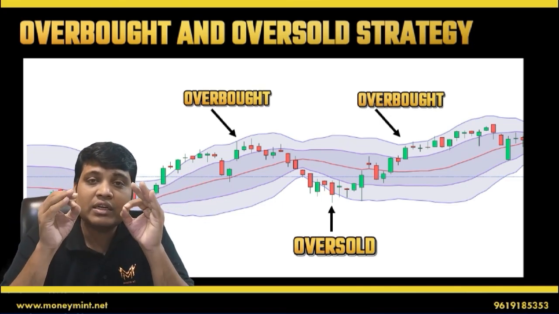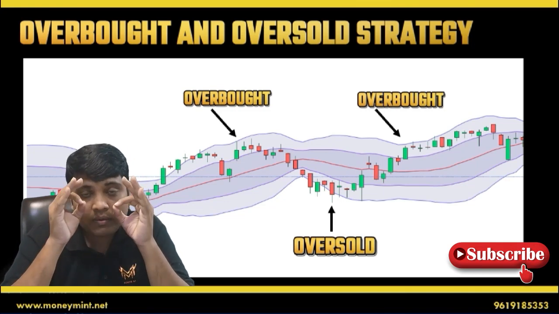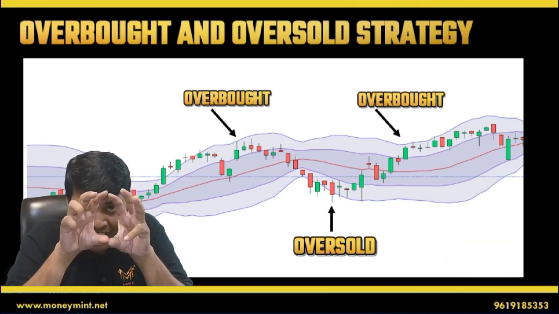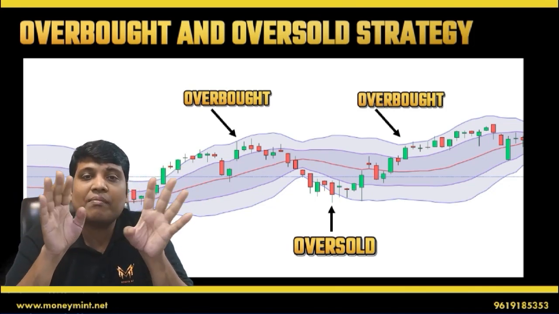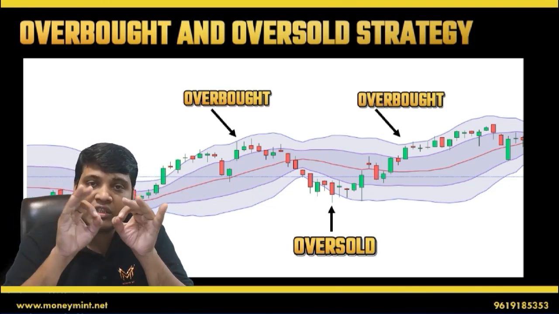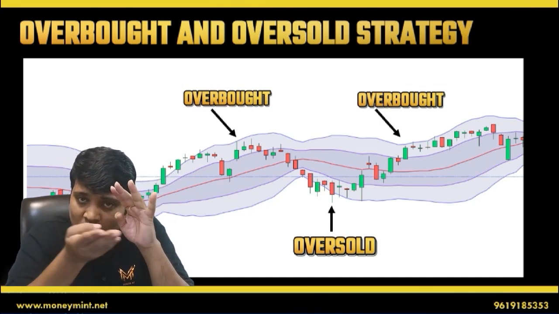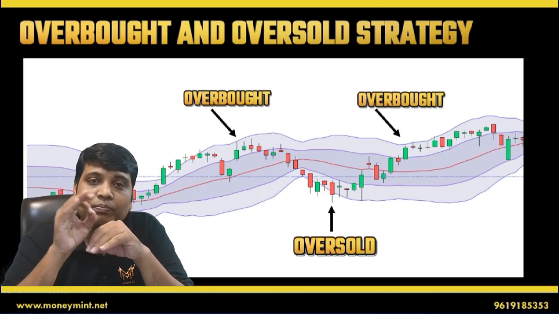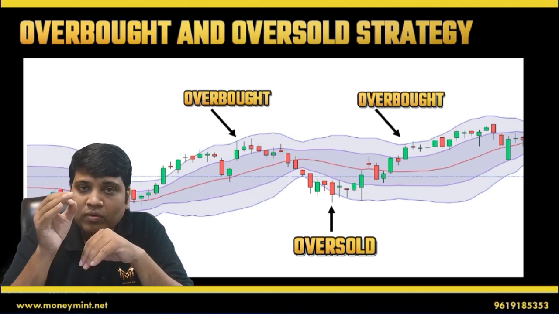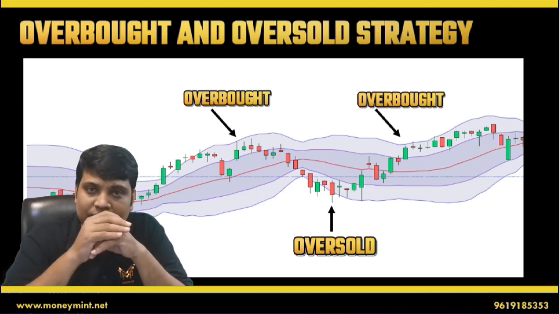So the first condition for the overbought and oversold parameter is that the band should be flat. Only then is this condition applied, otherwise these conditions won't be true. Both the lower Bollinger Band and the upper Bollinger Band should be flat. If you understand this, then you can apply this strategy.